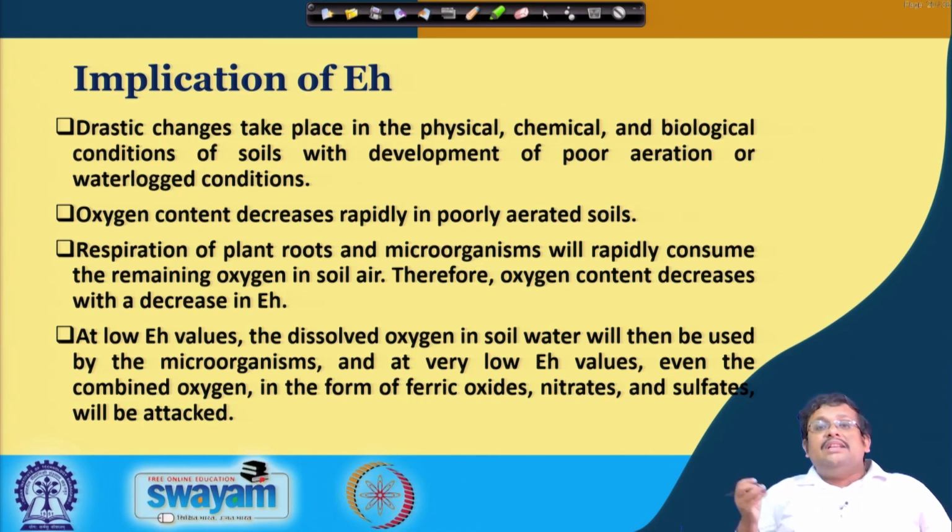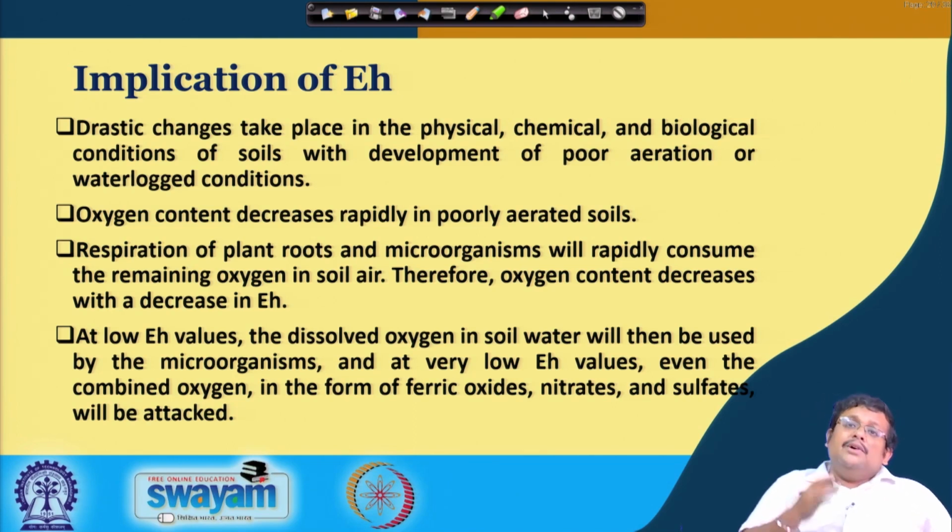Therefore, oxygen content decreases with a decrease in EH. At these low EH values, the dissolved oxygen in the soil water will be used by the microorganisms, and at very low EH values, even the combined oxygen in the form of ferric oxides, nitrates and sulfates will be attacked.